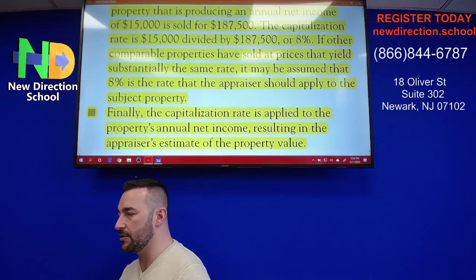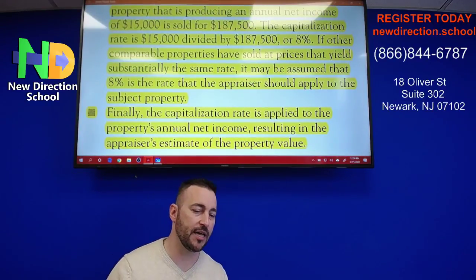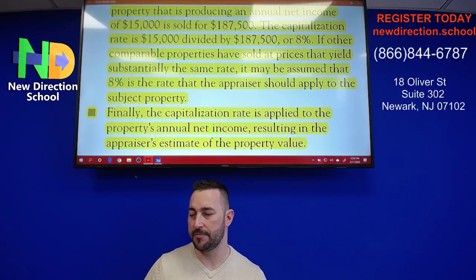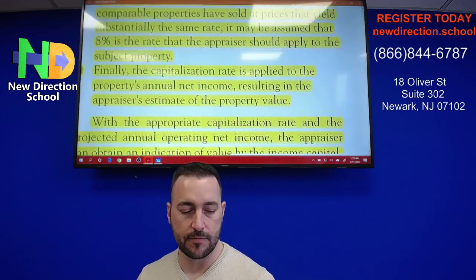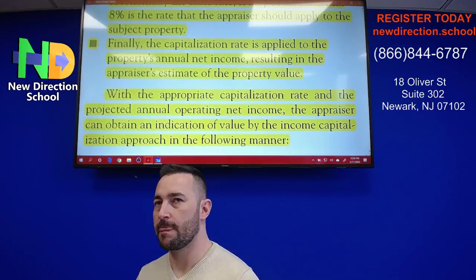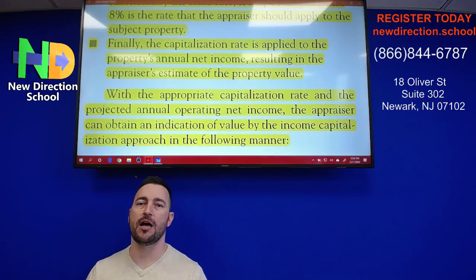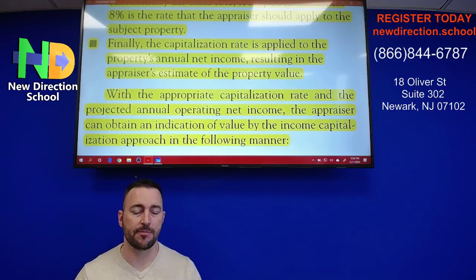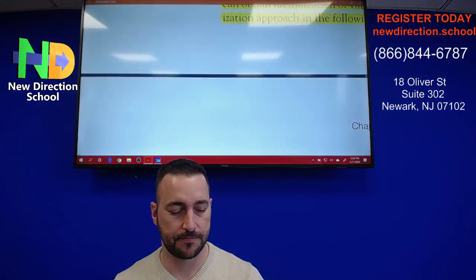So the final thing we do is apply the cap rate to your property's annual income, and this results in the appraiser's estimate of property value. With the appropriate capitalization rate and the projected annual operating net income, the appraiser can obtain an indication of value by the income capitalization approach in the following manner.